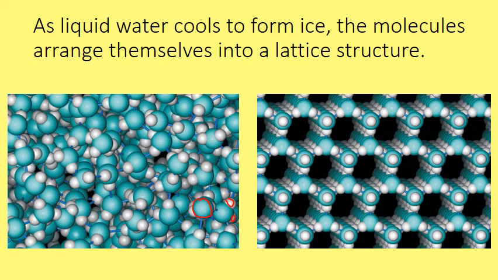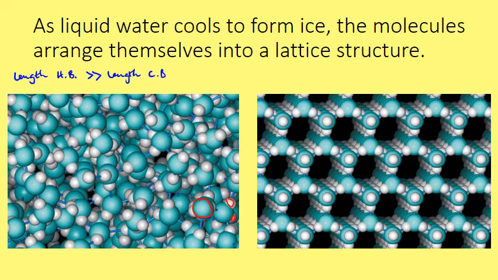Okay, and there's a couple of takeaways from this, and that is that the length of the hydrogen bond is a lot greater than the length of a covalent bond.